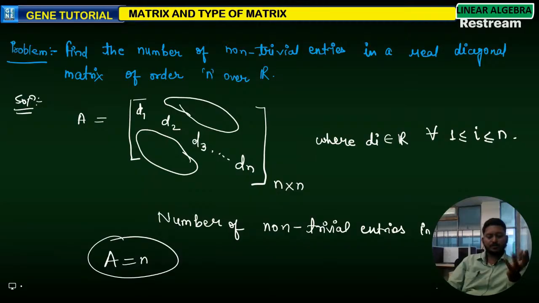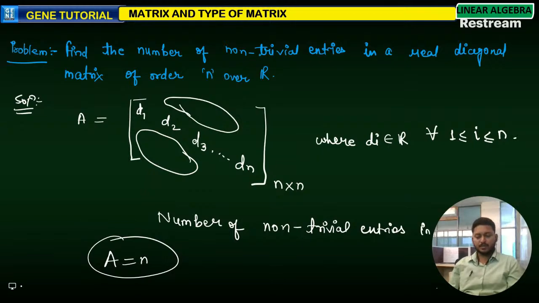And the number of non-trivial entries is nothing but 2n only. This problem is very important, and it is also asked in different exams.